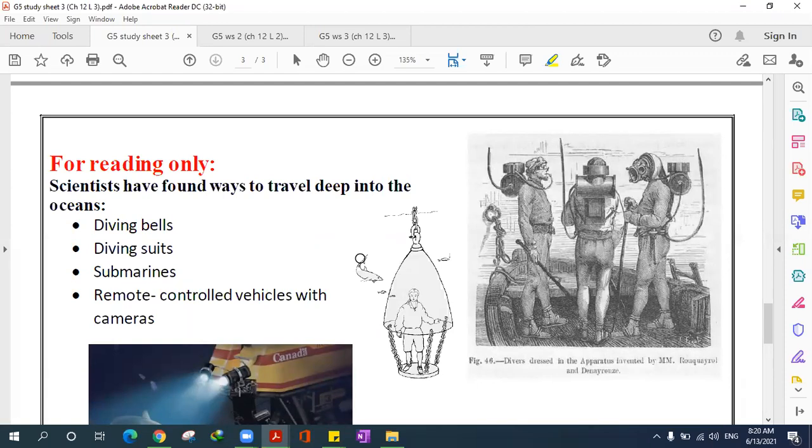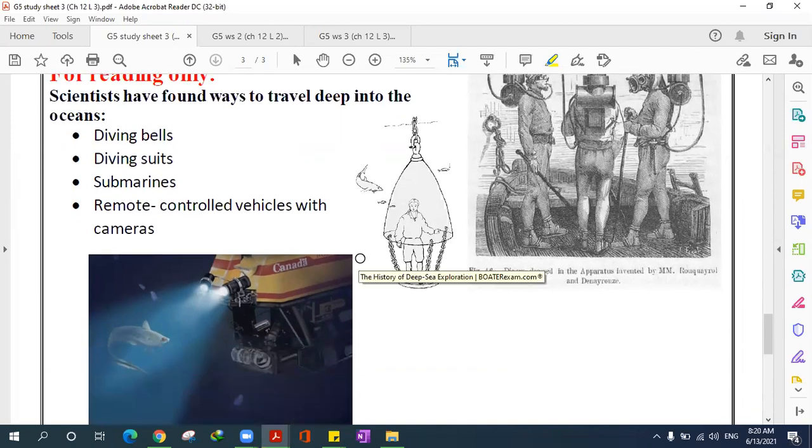So yes, oceans need to be discovered till today. People started doing this a really long time ago using different things like diving bells, diving suits. Then they had submarines, and now we have remote controlled vehicles that can reach really deep places where humans can't survive.